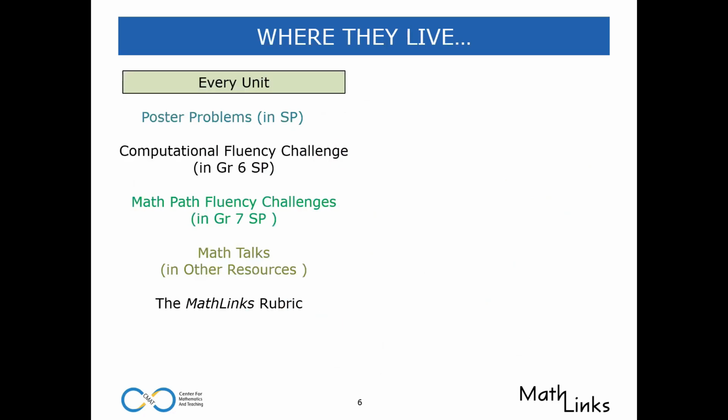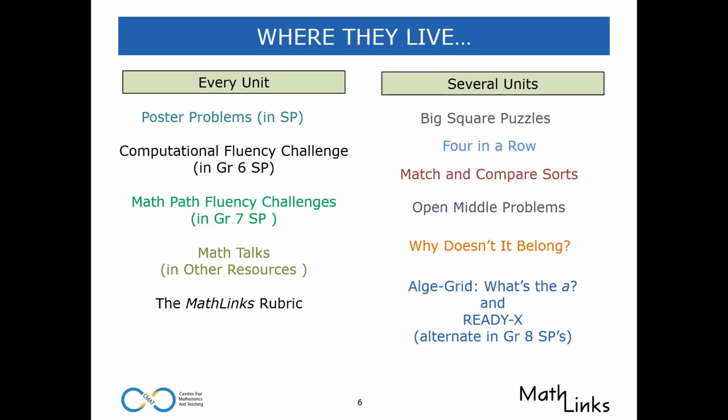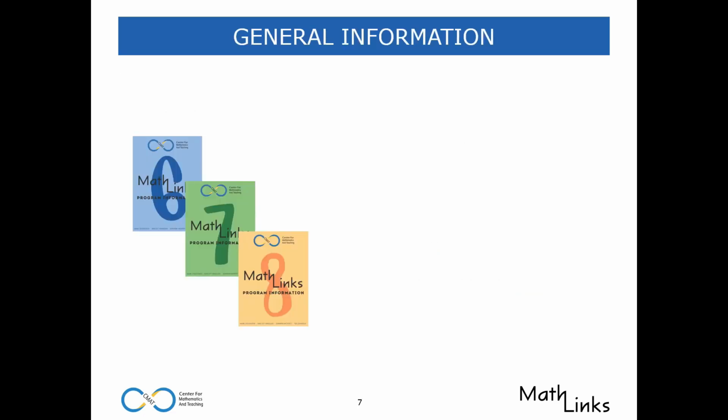Now, let's get into where they can be found and how to start using them. These are in every unit, and the rest of them are sprinkled amongst several units. You can learn about activity routines in 2 different places. One is the printed program information that comes with your printed teacher edition.